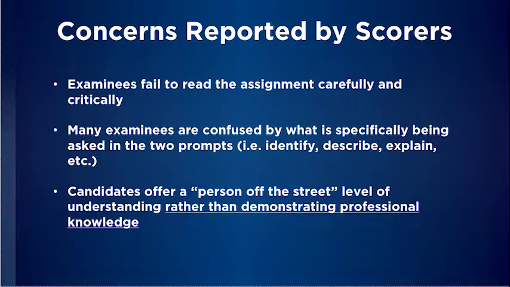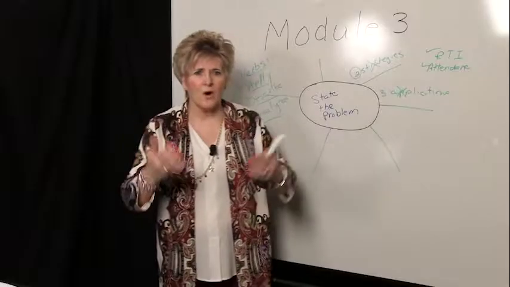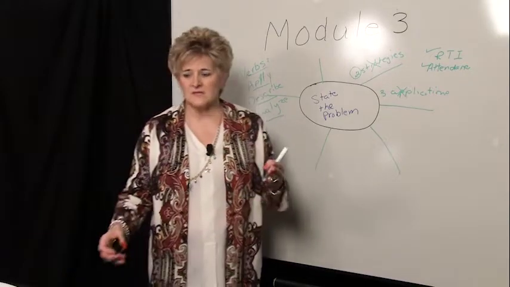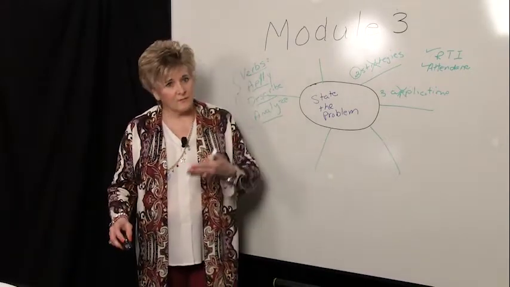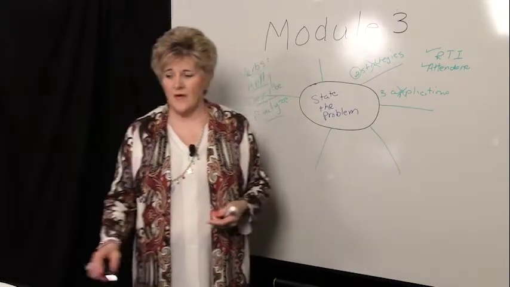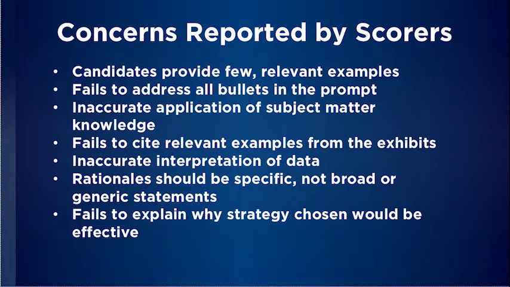Sometimes scorers have said that we just get a person off the street perspective. You are not a person off the street. You are the expert. You are taking a licensure exam. So, therefore, they expect you to demonstrate the professional knowledge that you have. Use relevant examples.